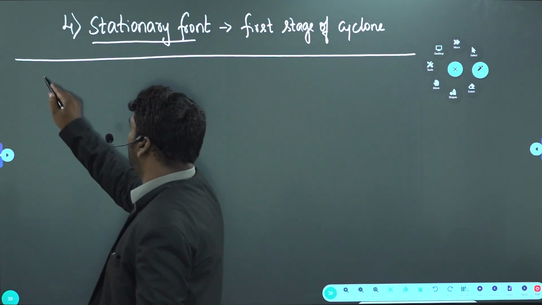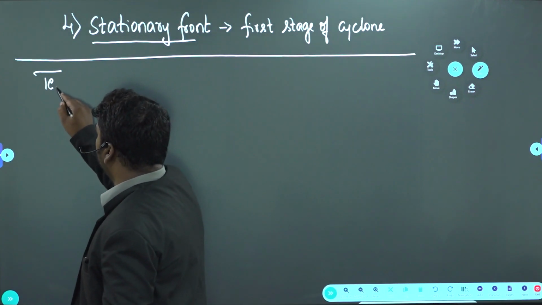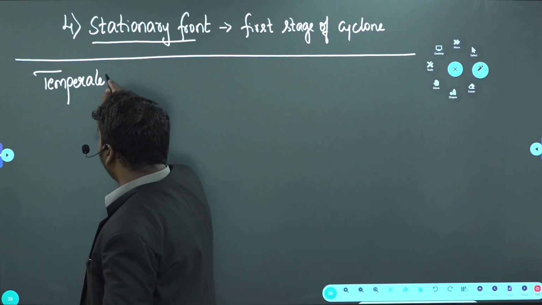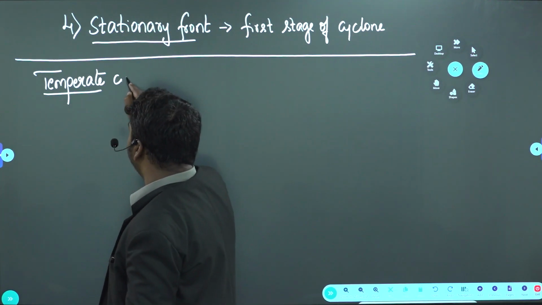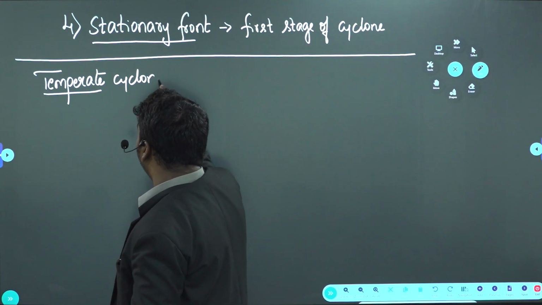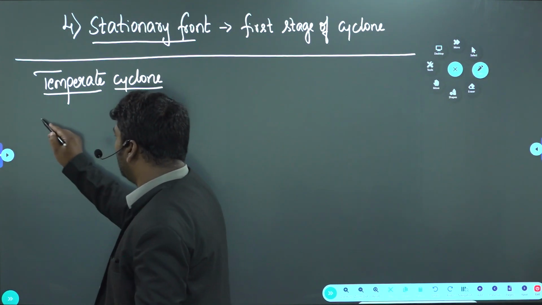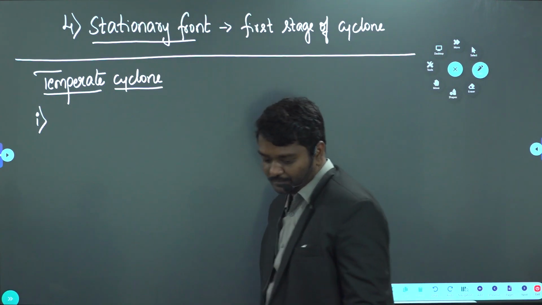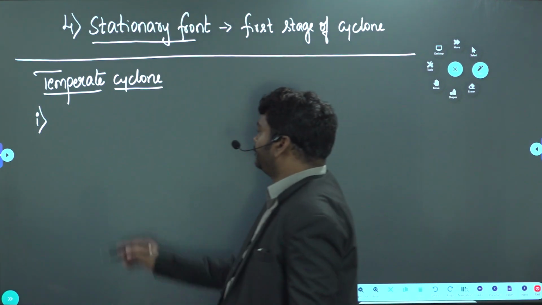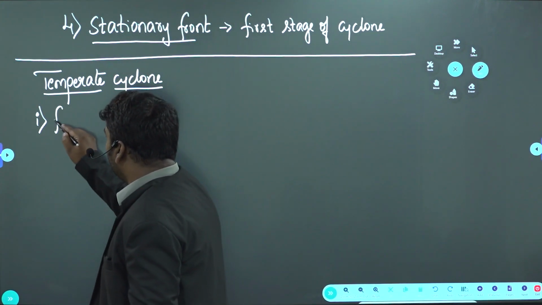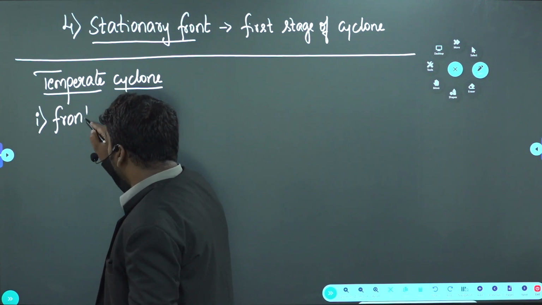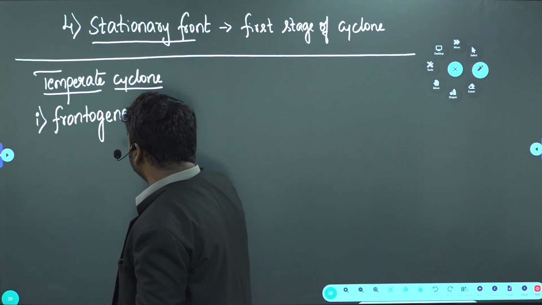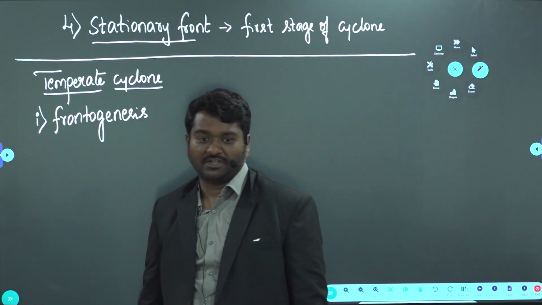Now, they can compare temperate cyclone with tropical cyclone in the question, or ask temperate cyclone separately. So, temperate cyclone is formed due to a process called frontogenesis.